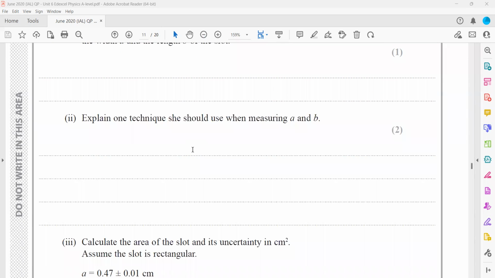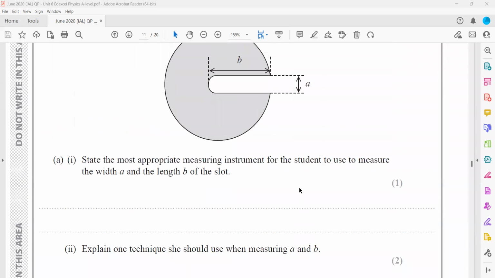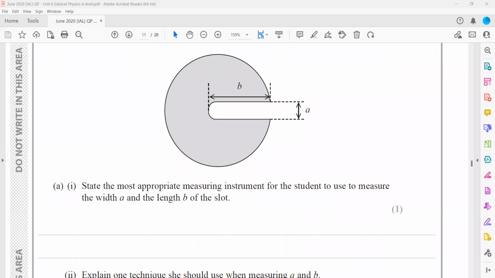Explain one technique she should use to measure A and B. Whenever a micrometer or vernier calipers are used, the first step is always to check for zero error.